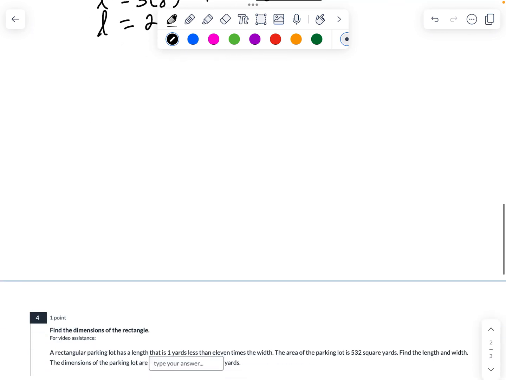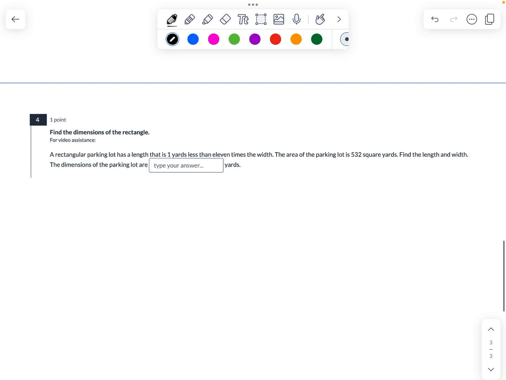And the last one. Again, a rectangular parking lot has a length that is 1 yard less than 11 times the width. The area of the parking lot is 532.